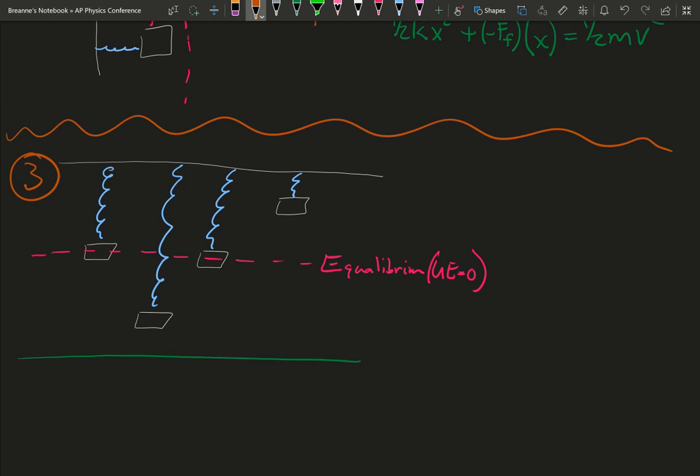We do have some type of height. So we have an initial height, and then we're just going to go here, so we have a final height. We still have an x, and that'll be the same x there.